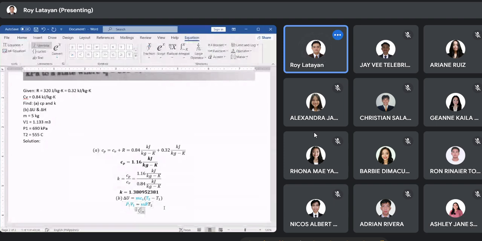It's important to note na naka-convert siya. Hindi mo pwedeng gamitin yung 320 kasi yun ay joule tapos ito ay kPa. So yun lagi yung magkapartner, yung kilojoule tsaka yung kPa, times T1. Solving for T1.